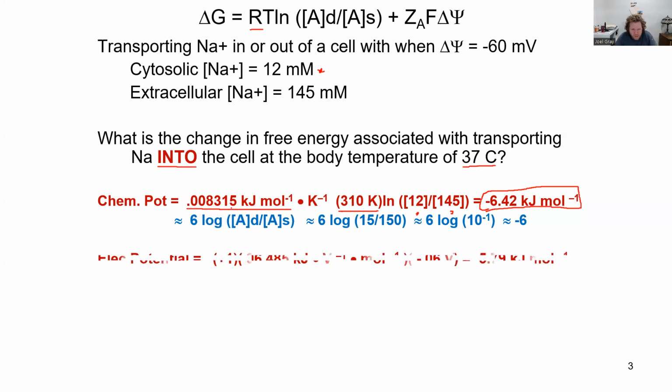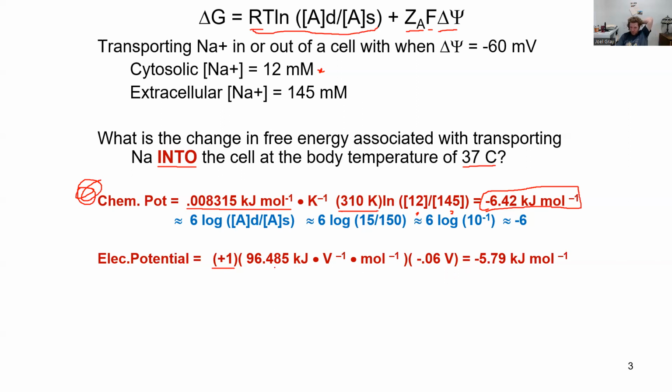Now, with that in mind, what's the electrical potential? This right here is the first part of our equation. The second part of our equation is Z sub A times Faraday's constant times delta psi. Z sub A is the charge of our ion, which for a sodium ion is +1. Faraday's constant is 96.485 kilojoules per volt mole.